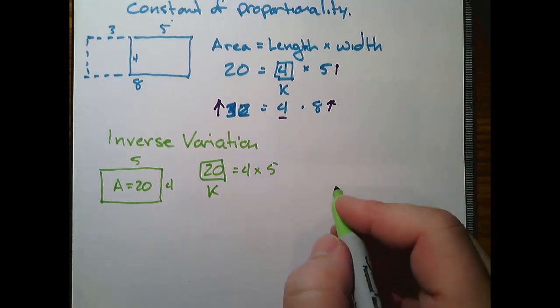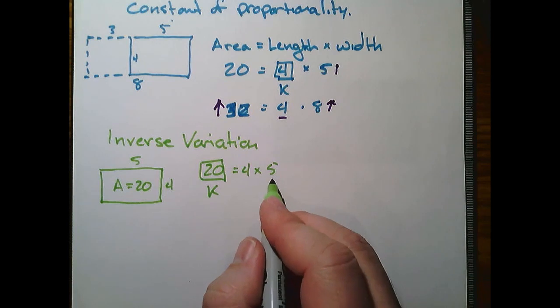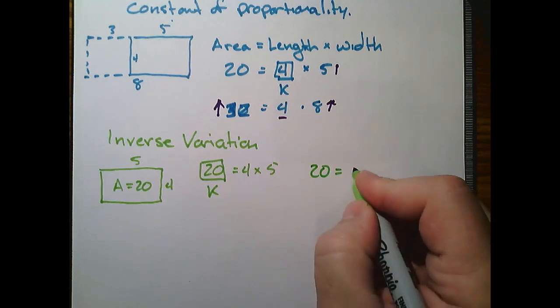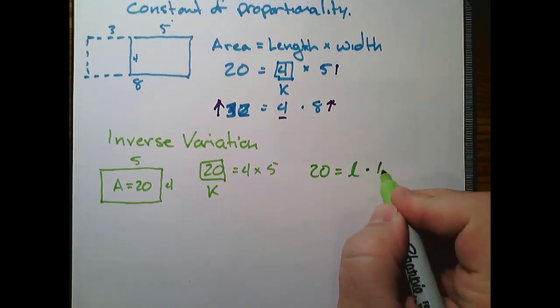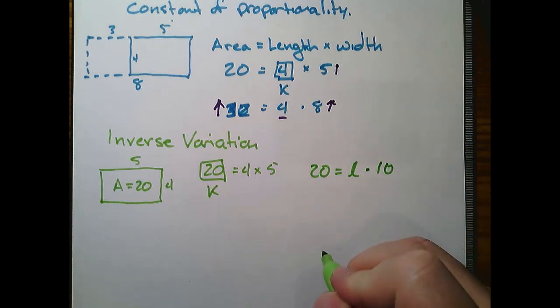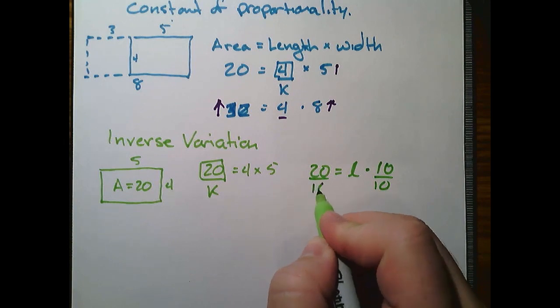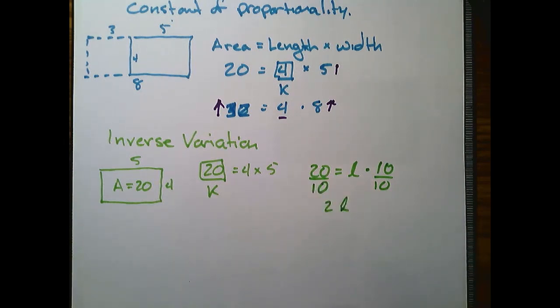Now, if I were to change my width from 5 to 10, so now I've got 20 is equal to my length, which I don't know yet, times my new width, which is 10. Divide both sides by 10, and I have my new length is 2.